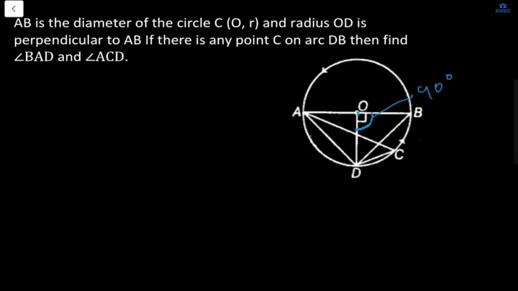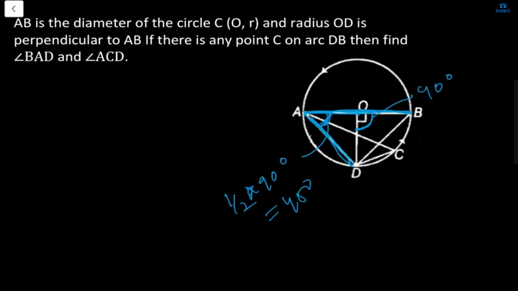Now for the same arc BD, this angle is at any point of the circle. So it will be half of 90 degree, which is equal to 45 degree. I'm explaining from theorem number 1 only. So this will be equal to 45 degree.